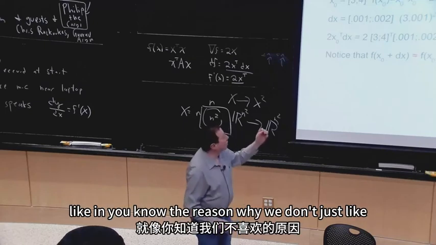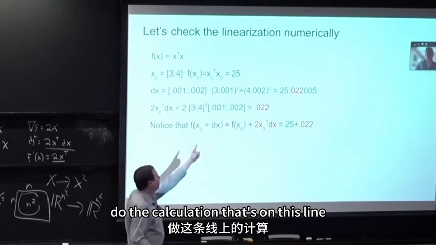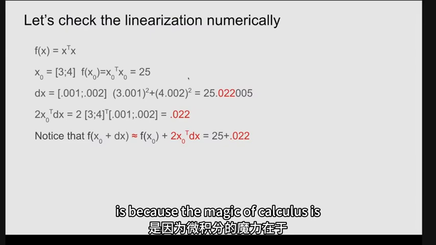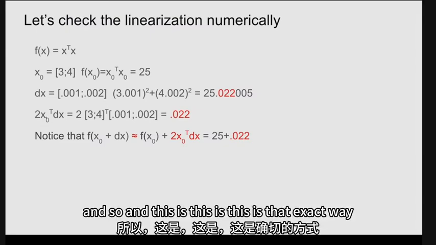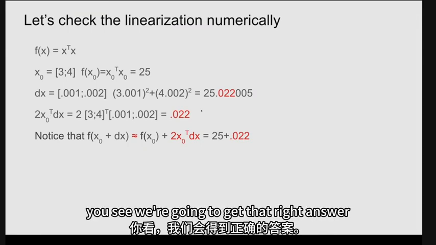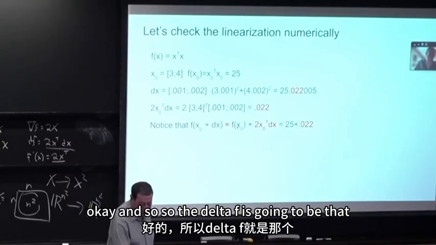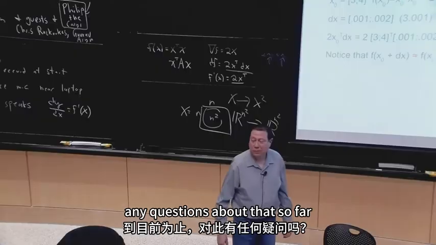The reason we don't just do the calculation on this line is because the magic of calculus is that there's an exact way to do it, and this is that exact way. If you go 2 x0 transpose dx, you see we get the right answer. And that's what we love about calculus. And so the delta f is going to be that. Any questions about that so far?